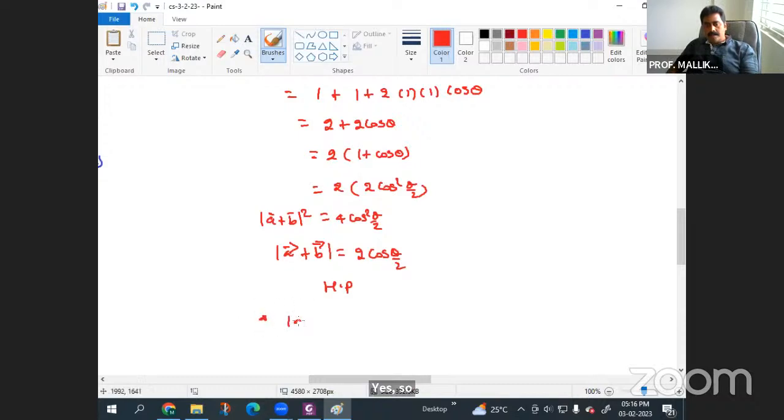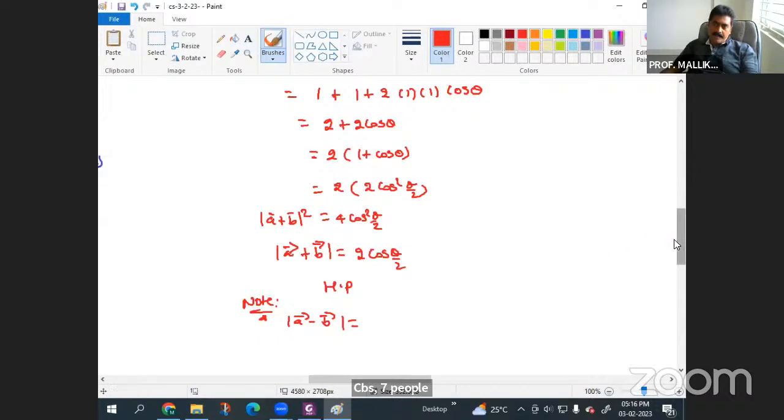Now, can you guess what the answer is for mod of A minus B? Last year, the same question was given in the CBSE model paper, the sample paper.